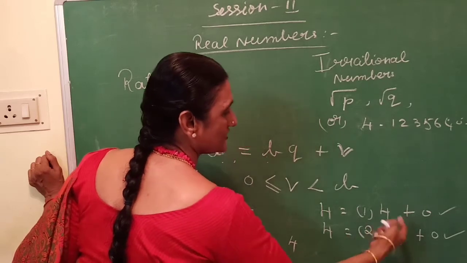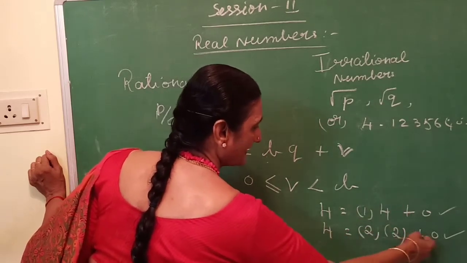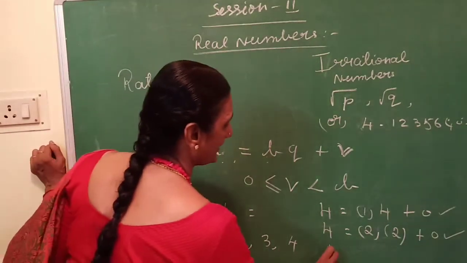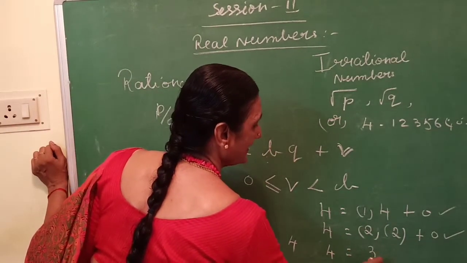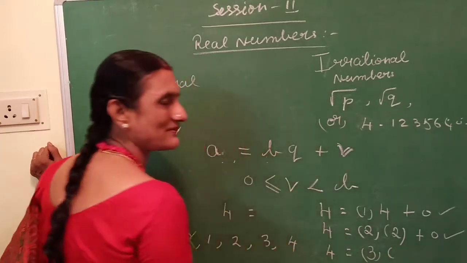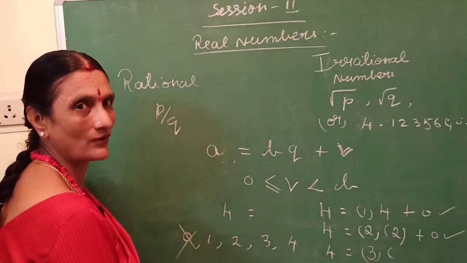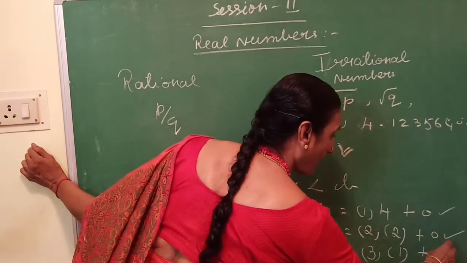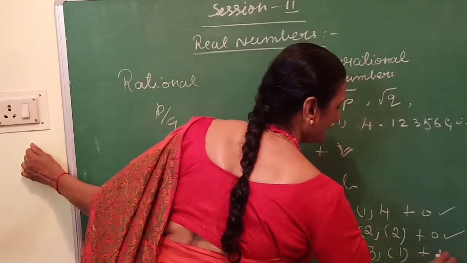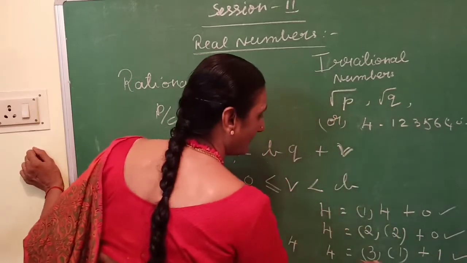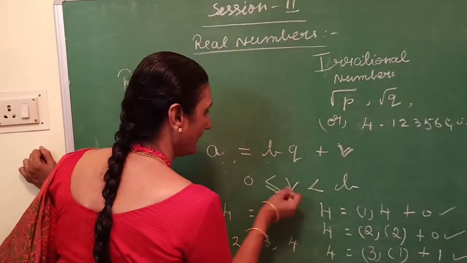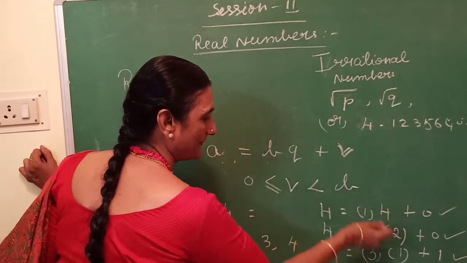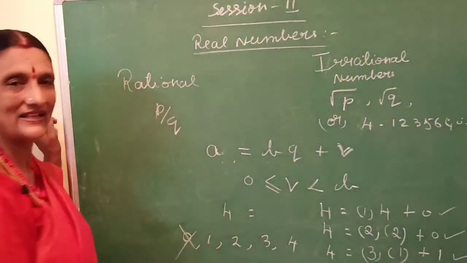So quotient into divisor plus remainder is equal to 4. Now next we divide 4 by 3. 3 goes into 4 only one time, so the remainder is 1. Now see, r takes a value less than b.